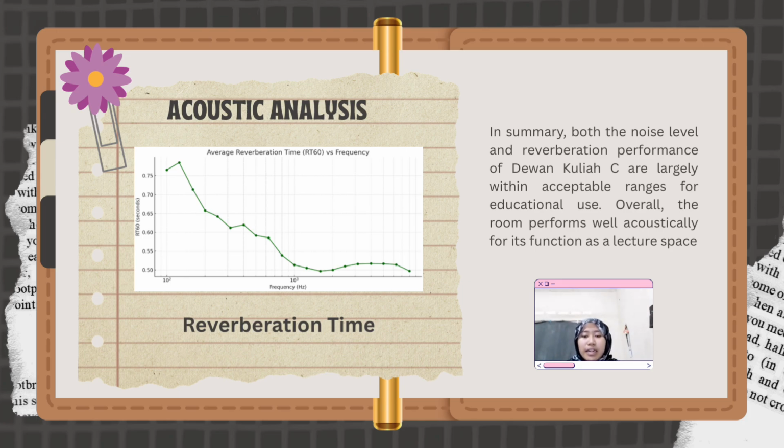We found that the reverberation time ranged from 0.50 to 0.79 seconds. The highest value occurred at low frequency, particularly at 125 Hz, which is quite common due to the lack of low frequency absorbers.